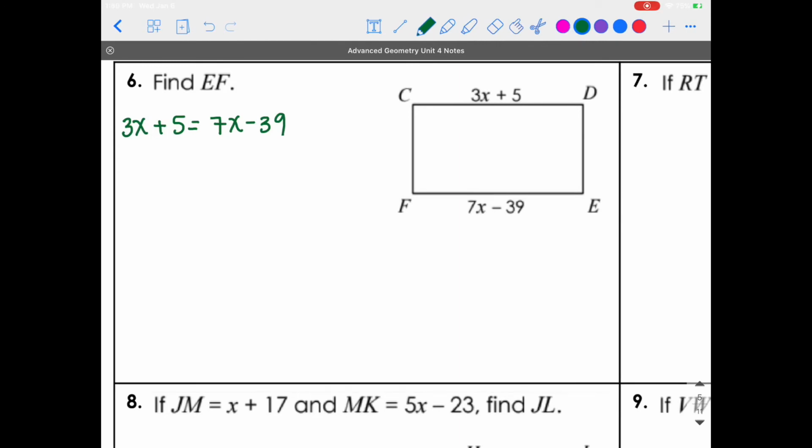Then if I subtract 3x from both sides, 5 equals 4x minus 39. And then if I add 39 to both sides, we get 44 equals 4x. And then dividing by 4 gives us 11 equals x.